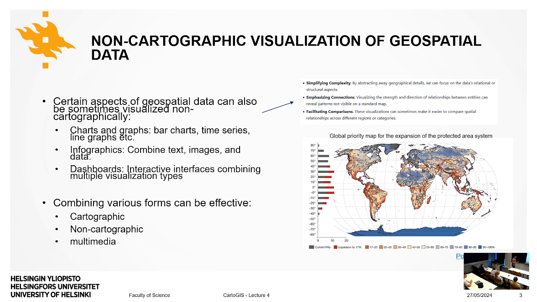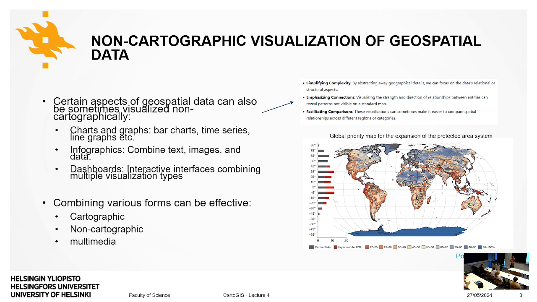The fact that you have been given a GIS data set doesn't mean that you have to immediately produce a map. You should always ask yourself: what is it about this data set that I want to explore and visualize? Then a map might be the way to go, and very often it is, or sometimes you need other kinds of visualizations or complement your map with some other form of visualization.